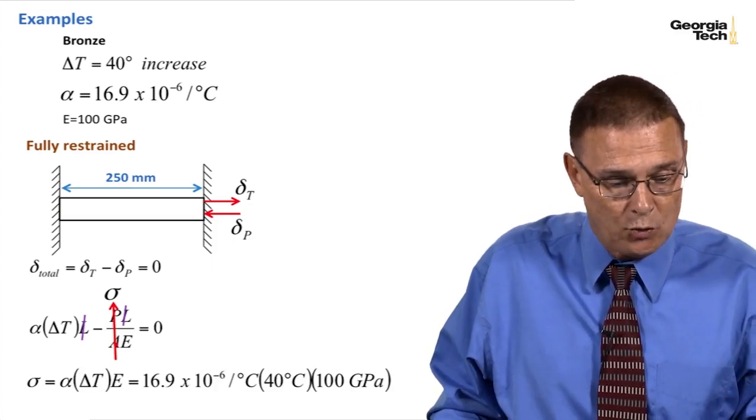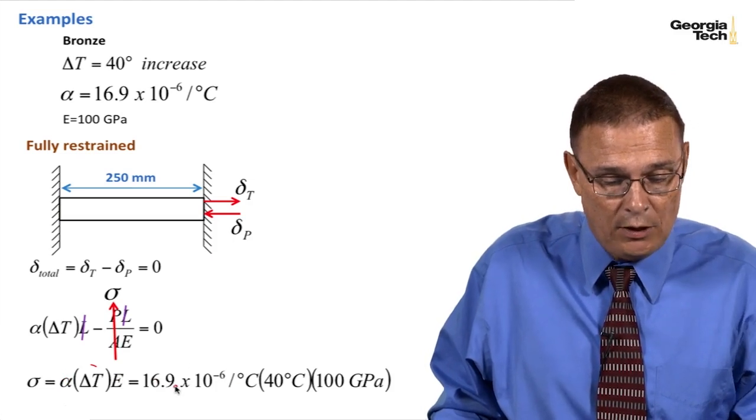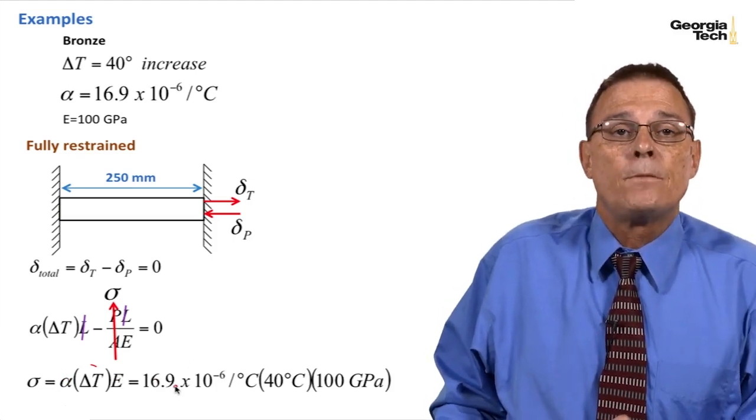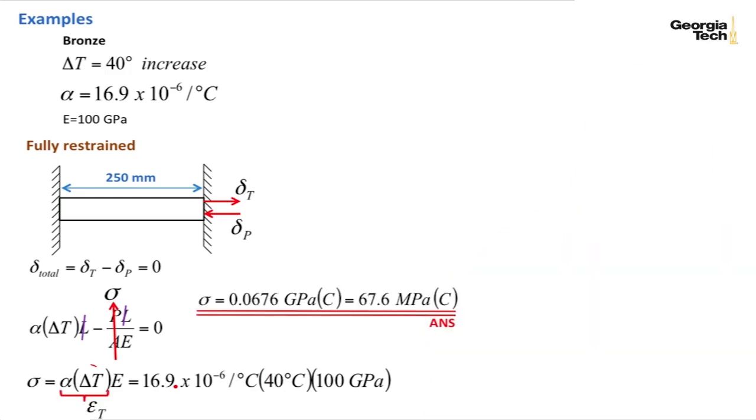And so I come up with a stress equal to the strain times E, the strain due to the thermal expansion. And what we have is that the stress in this case for fully restrained ends up being 0.0676 gigapascals in compression, or 67.6 megapascals.